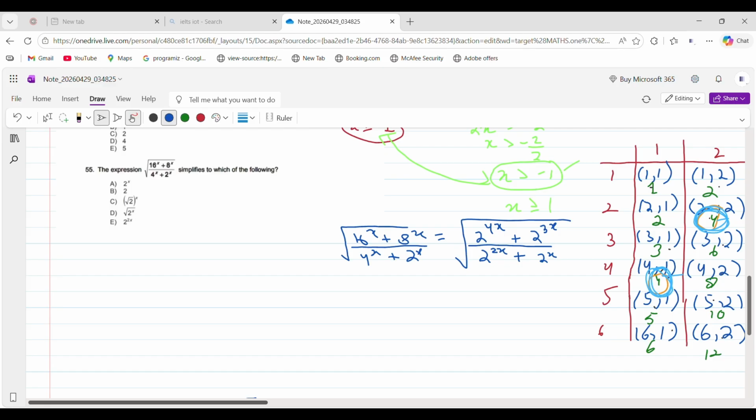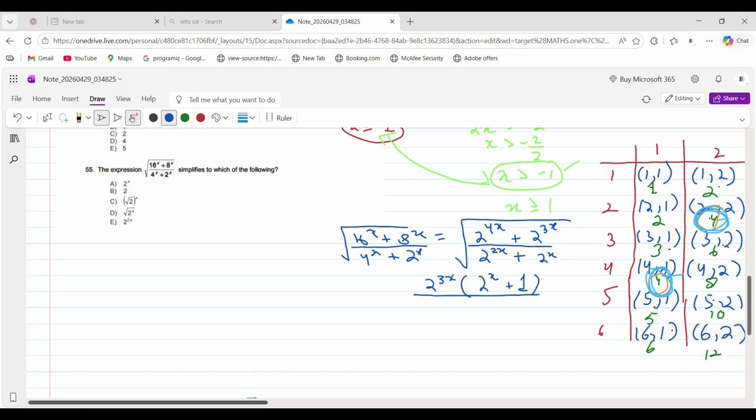Now see, what I can take common from the numerator is 2 power 3x. And when 2 power 3x is taken common, what is left from the first term is only 2 power x, because 2 power 3x is taken and 2 power x is left. From the second term 2 power 3x is already taken, so you are just left with 1, right?